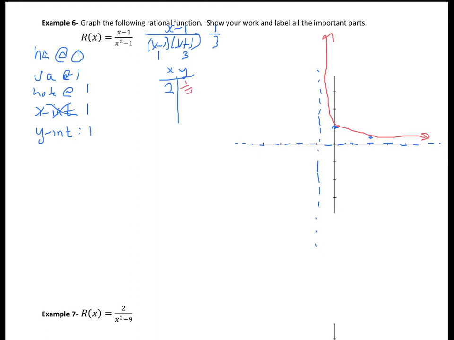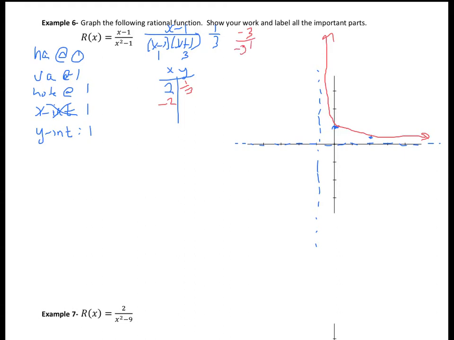Now let's come on the left side of that vertical asymptote. So let's say x is, should we just go -2? It can't be -1 because that's a vertical asymptote there. So we're going to hop to -2 and see what we get. -2 minus 1 is -3.